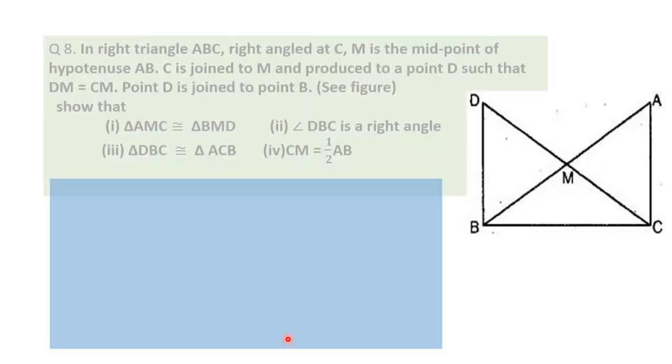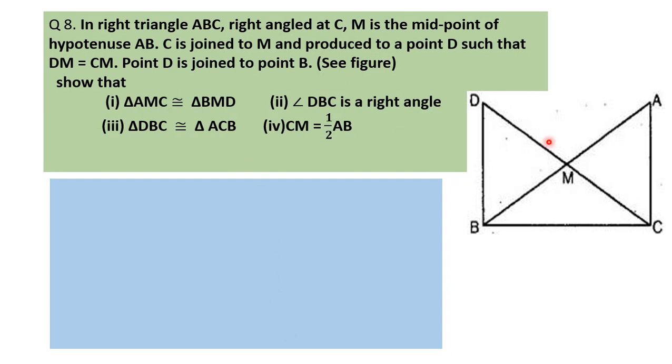Now the next question, number 8 of this exercise. In the given figure, ABC is a right angled triangle, right angle at C. M is the midpoint of the hypotenuse AB. C is joined to M and produced to the point D such that DM is equal to CM, and point D is joined to point B. So we have to prove, first, triangle AMC is congruent to triangle BMD.